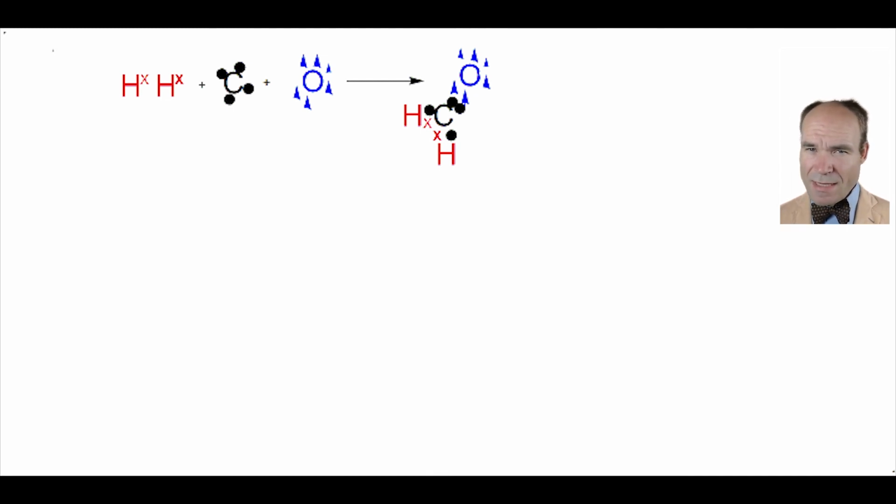We have 2 valence electrons that still haven't been shared, so let's share those with the oxygen. 2 electrons come from carbon, therefore 2 electrons have to come from oxygen, for a total of 4 shared electrons. And this must mean that we are dealing with a double bond. Now, the carbon atom has 8 electrons.